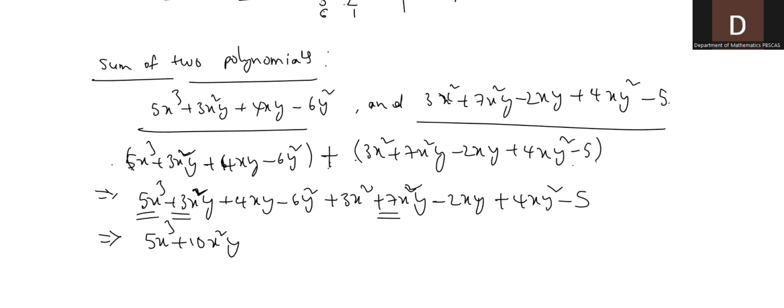So plus 2xy. And next the xy square terms, plus 4xy square term, these are also done. And x square terms, what are there, only 3x square. And y square terms, minus 6y square, and constant terms -5, that is equal to 0.